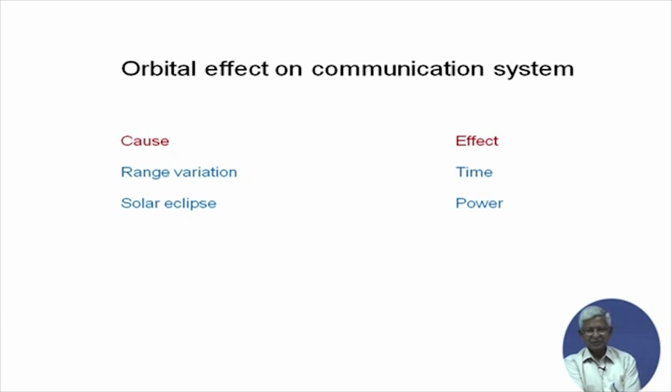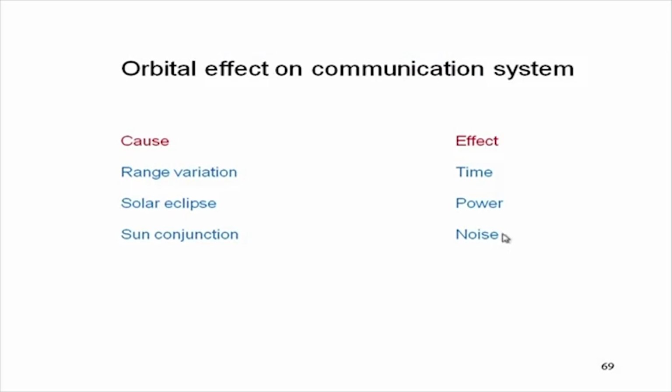Earlier, television and many other communication were not taken at the local midnight time, but nowadays it is all 24-hour service. So therefore this is very important, and larger size batteries are launched along with the satellite to take care of the solar eclipse.